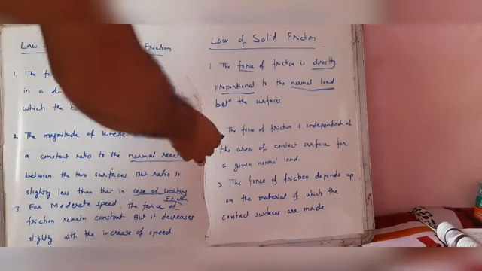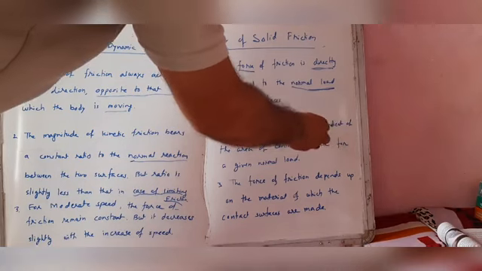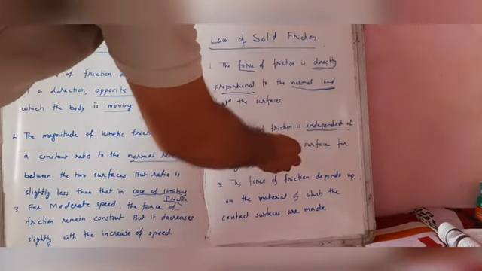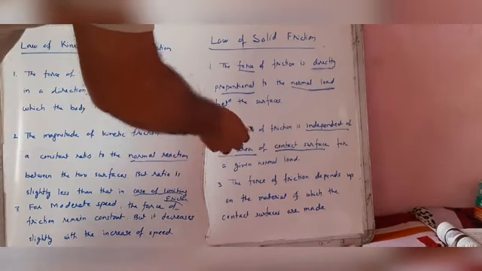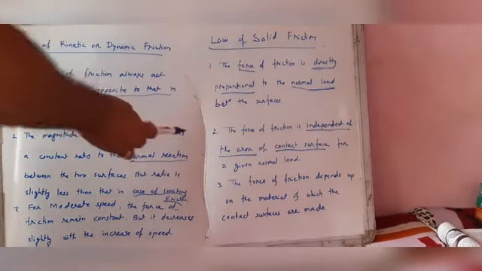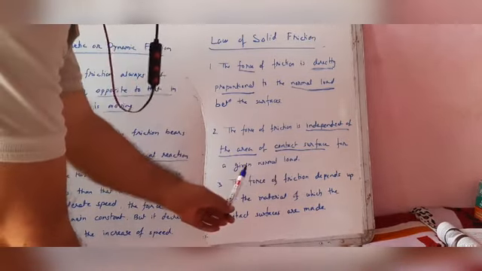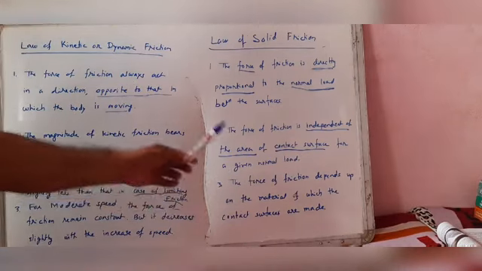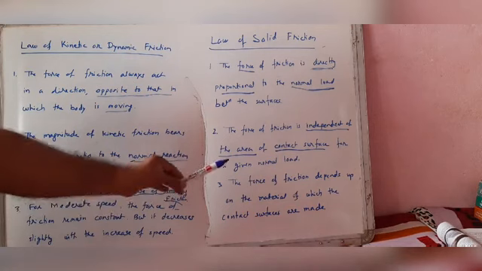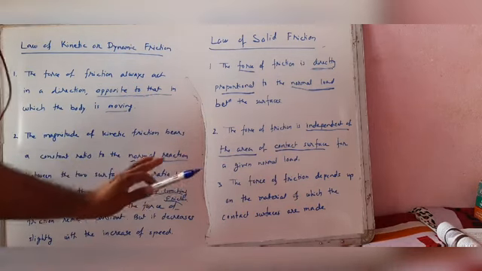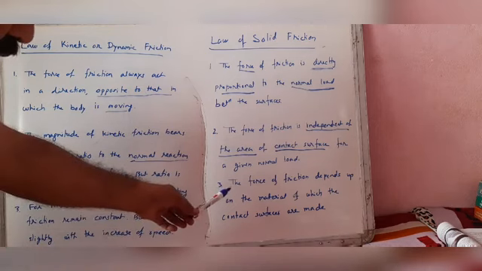The force of friction is independent of the area of contact surface for a given normal load. ठीक है, लोड सेम रहेगा, और कॉन्टेक्ट सरफेस का जितना एरिया है उससे इंडिपेंडेंट, उससे कोई फर्क नहीं पड़ता.